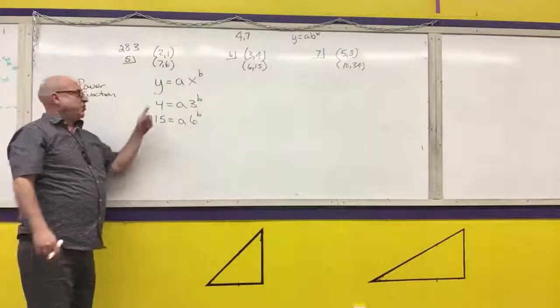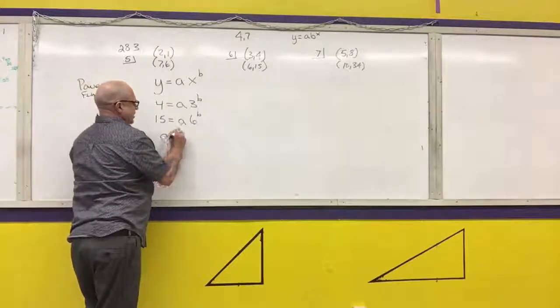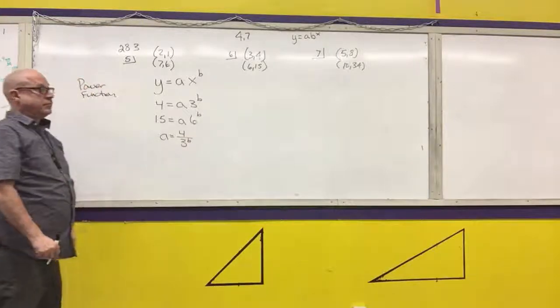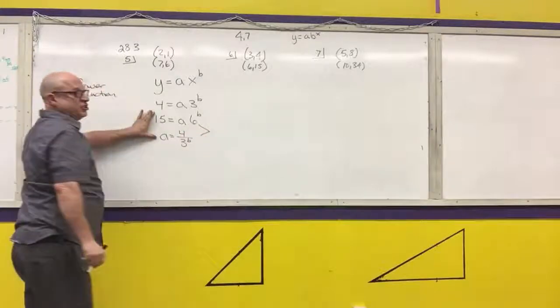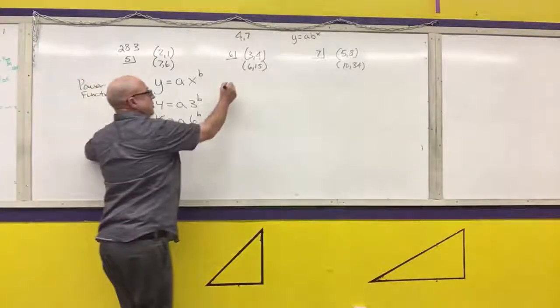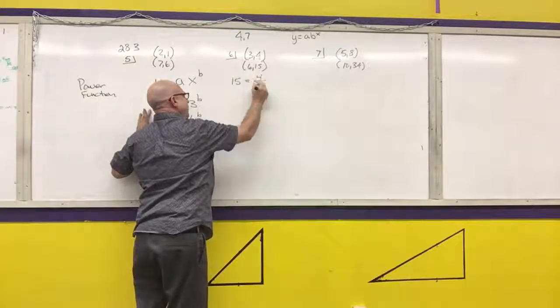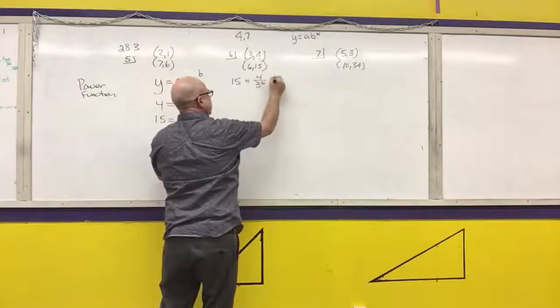Solve one of the equations for a. I'm going to solve the top equation for a, and I get a is equal to 4 over 3 to the b. Substitute. I get 15 equals 4 over 3 to the b times 6 to the b.